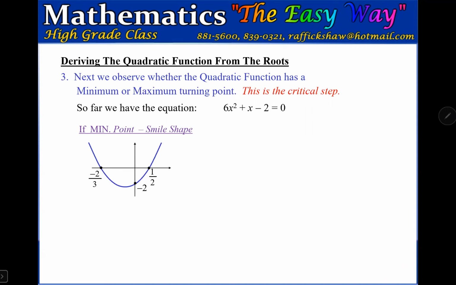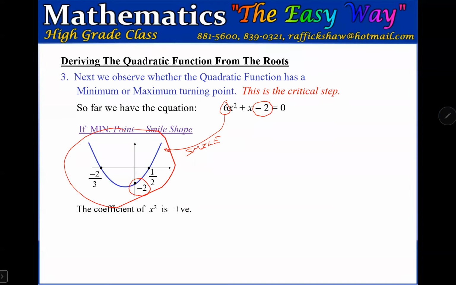Because if you notice, the y-axis intercept right here is matching right there, and the a is positive, which corresponds with the smile. So the function that we're looking at in the graph is matching this equation that we have here right now.